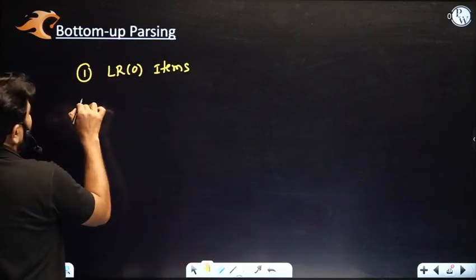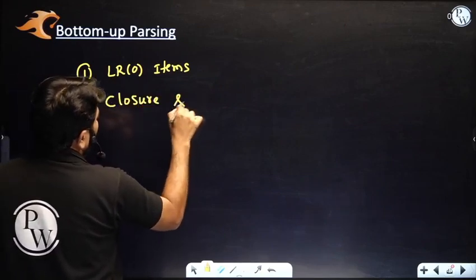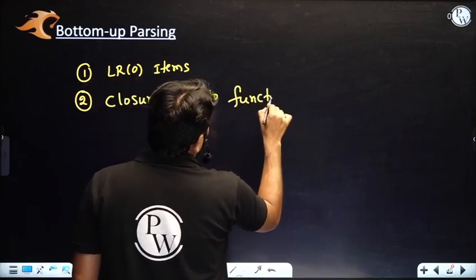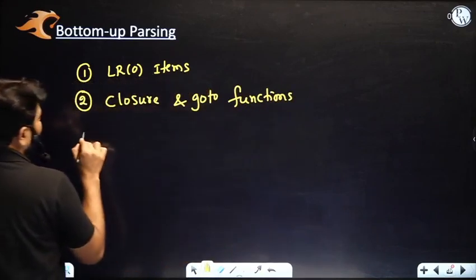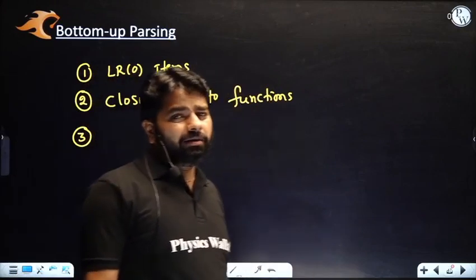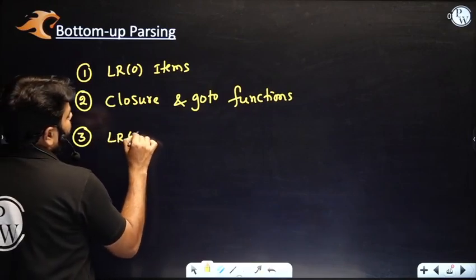Once you know what these items are, we'll go for computation of the closure and goto functions. These two will help you construct the diagram. Before constructing the table here, we need a diagram. So here we'll try to construct the LR0 DFA.